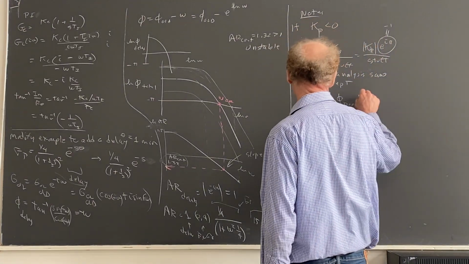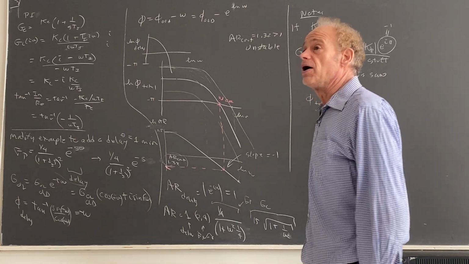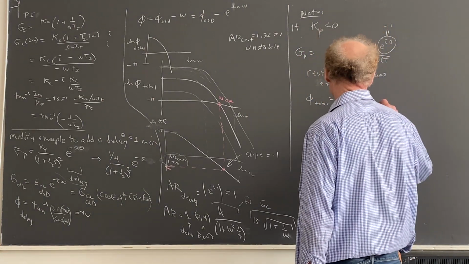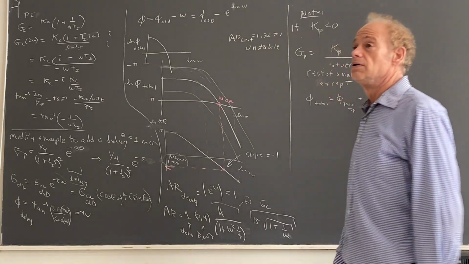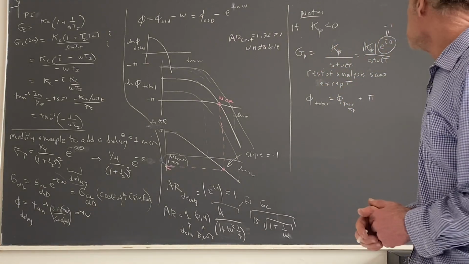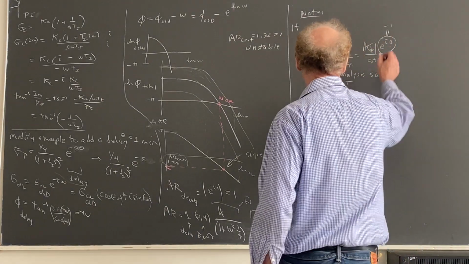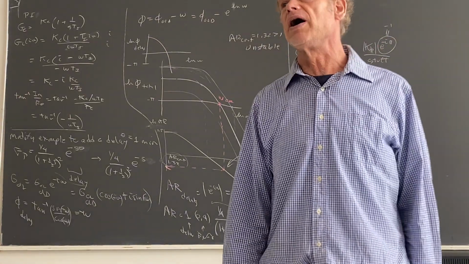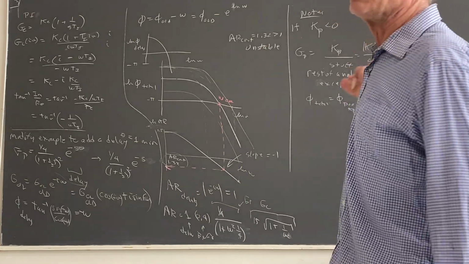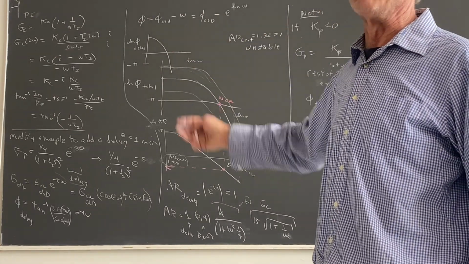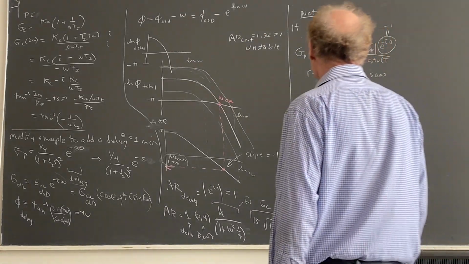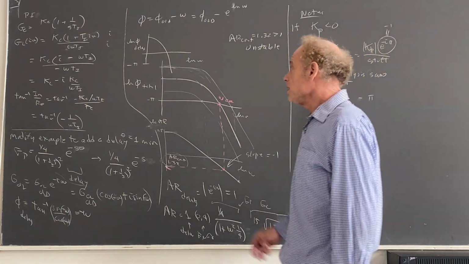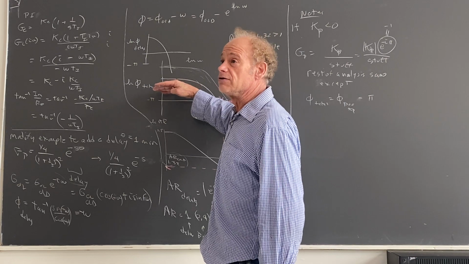So this other factor is plus the phi of e to the i pi, which is plus pi. Actually, I think I write this as e to the minus i pi, so I have a minus pi. So it subtracts pi from phi. E to the i pi and e to the minus i pi are both minus 1. So notice I subtract pi when I do this. So that means I'm lowering the curve by an amount of pi.